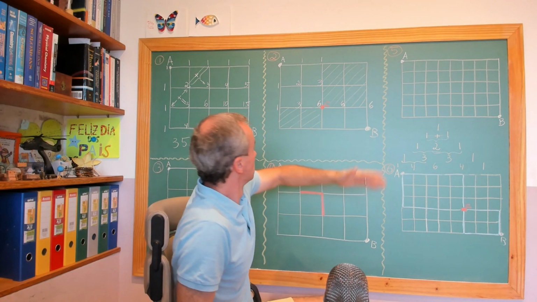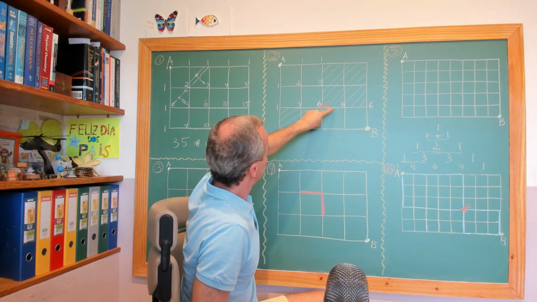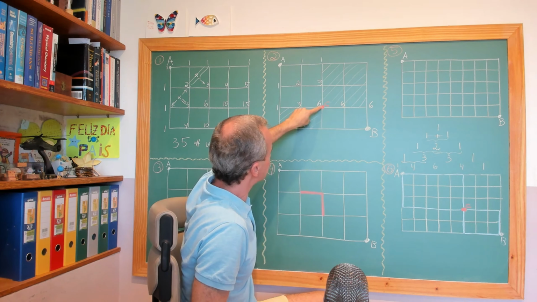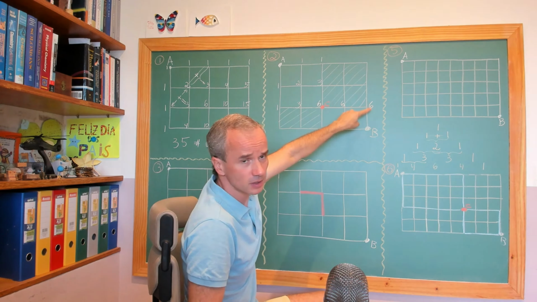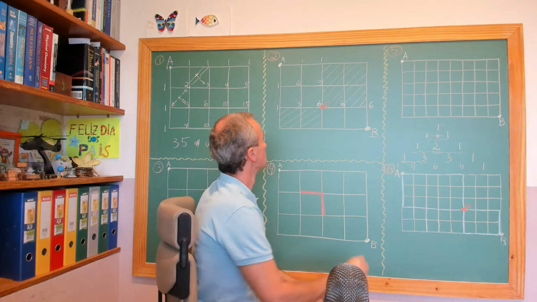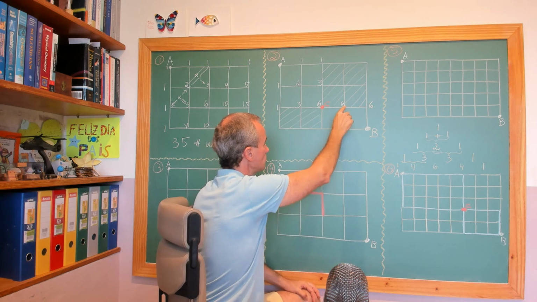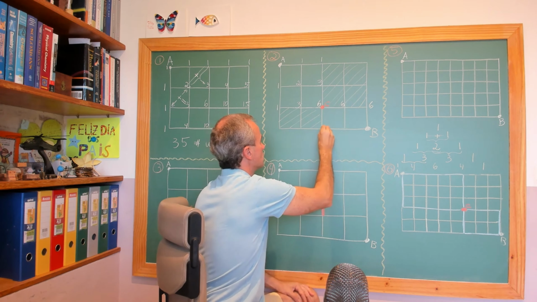It can't be 7, because look, 6 ways to go up to here. To go to this point, I have to go straight in here. There is no other option. And to go to this point, it's straight to here. I cannot go down, because if I go down I have to go up, and it's not going to work. So 6, 6, and here the same 6.